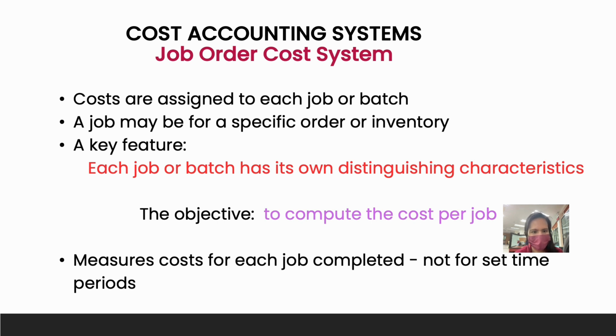The objective here is to compute the cost per job. We know that the cost per job is composed of direct materials, direct labor, and factory overhead. The cost for each job is different from other jobs, so you need to look at the costs set for that particular period.